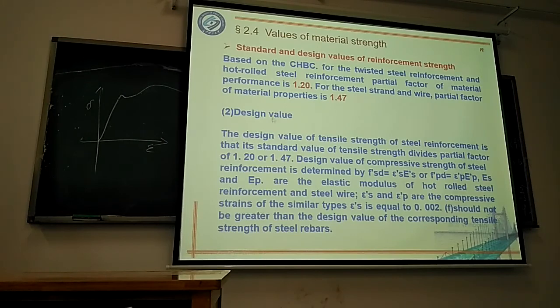Pay attention here: these are two different values, the standard value and the design value. The design value of the tensile strength of the steel reinforcement is the standard value of the tensile strength divided by the partial factor, 1.2 or 1.47.